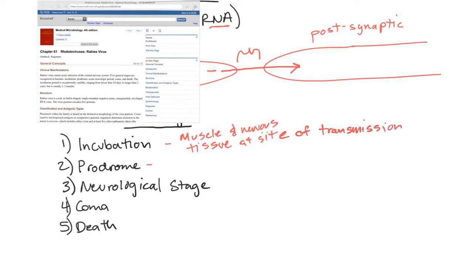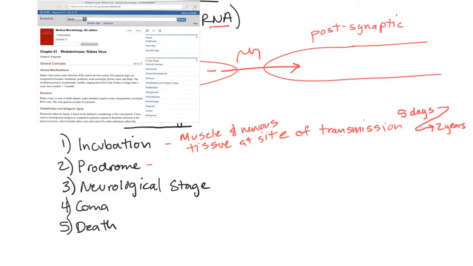And it can proliferate at that site for 5 days, but up to 2 years. At this point, there are generally no abnormal symptoms other than, you know, you got bit by something, so you're going to have those symptoms.